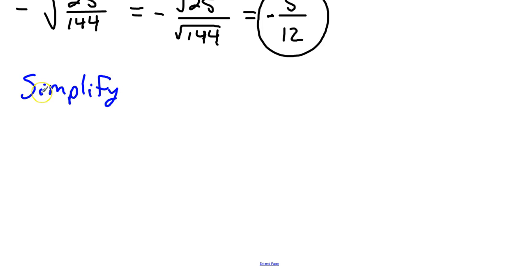Now that's all the directions that they're going to have, but in this case they're going to throw some variables at you. And for this part of it, what they're going to have you do is almost go back and rewrite it like we were doing earlier. So they may give you something like this, where you're going to do the square root of x to the fourth.